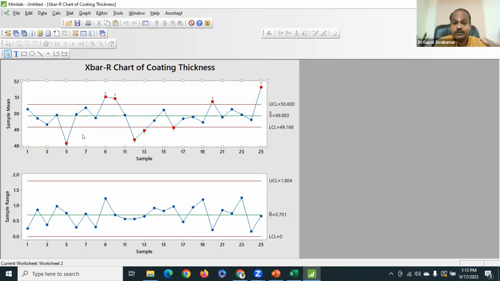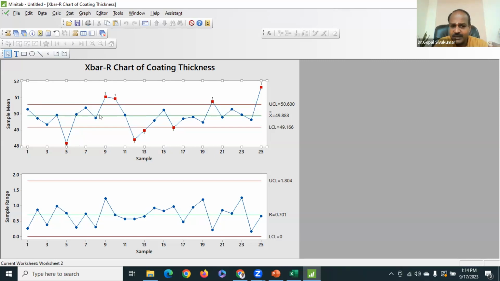No. So no need to jump. First correct your control chart, then conduct the capability analysis. This is the right guidance. Not many companies follow this.